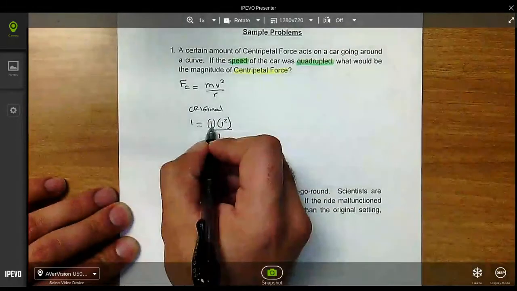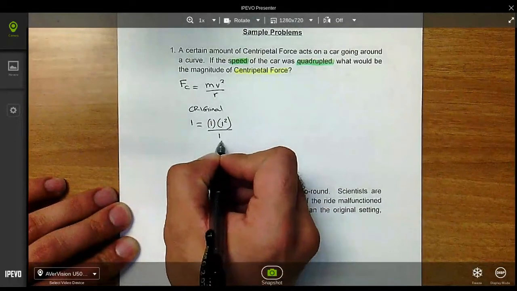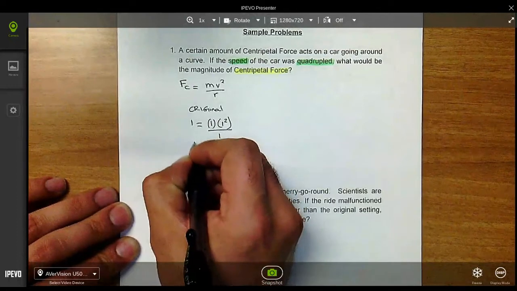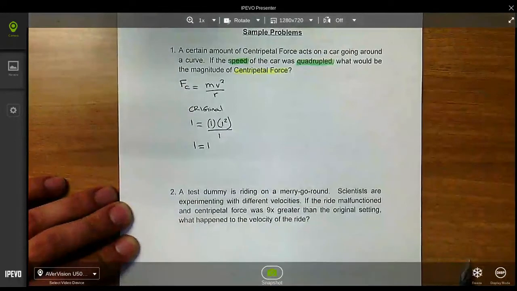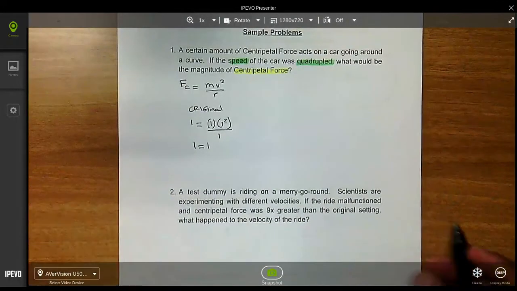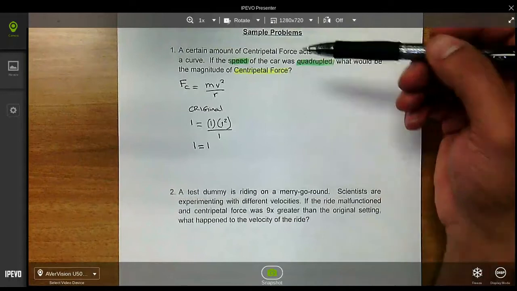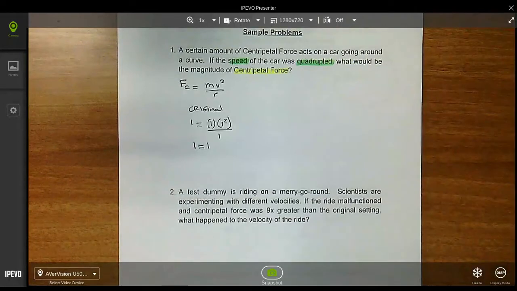And if we write this out, 1 times 1 squared is still 1, divided by 1, so everything checks out. It's 1 is equal to 1. So based on these values, it makes sense that the centripetal force in this problem, or in any problem where they don't give it to us, is equal to 1. So there's our original value. The centripetal force is equal to 1.